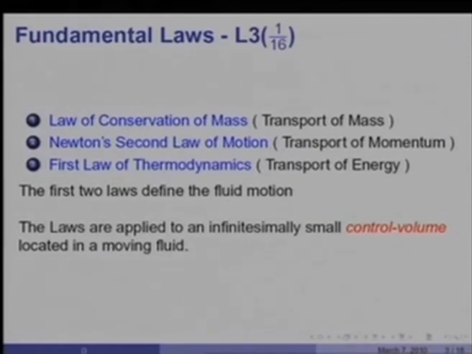And the first law of thermodynamics is really responsible for transport of energy. The first two laws, namely the law of conservation of mass and Newton's second law of motion, define fluid motion completely, and the third one defines the transport of energy.